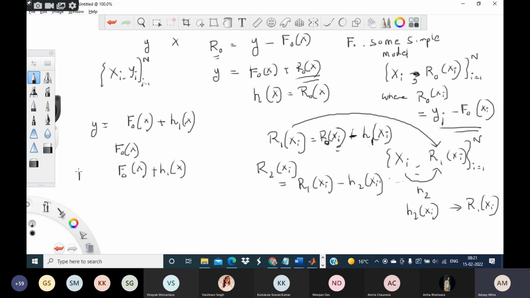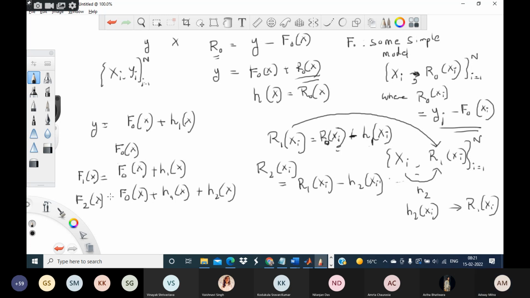If I want, I may call this f1x. After this, my estimate improves to f naught x plus h1x plus h2x, and this I may call my f2x. And then this process continues.